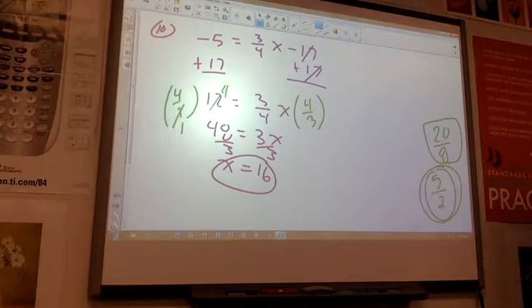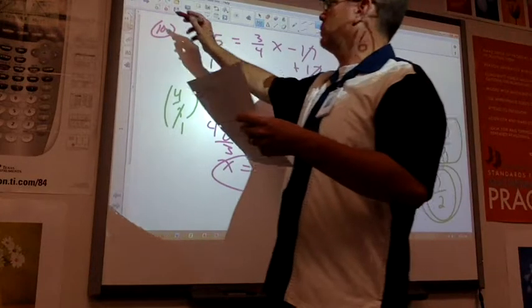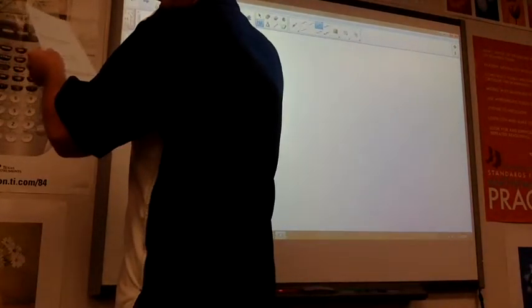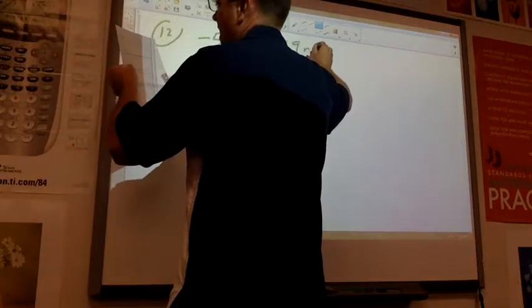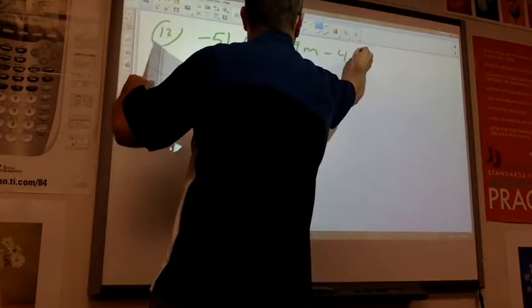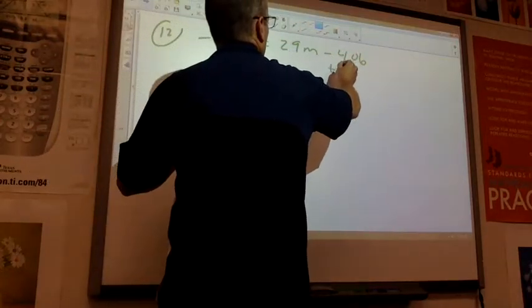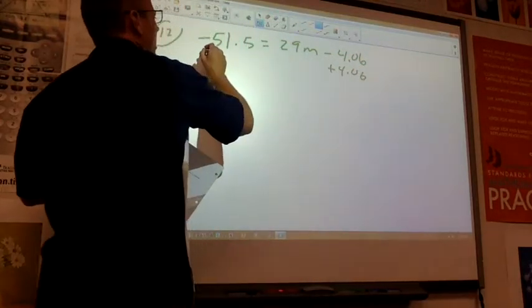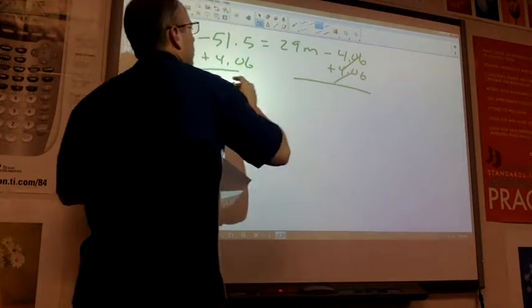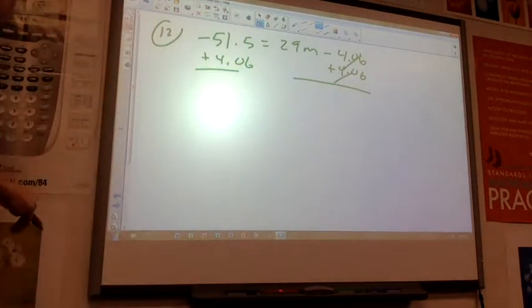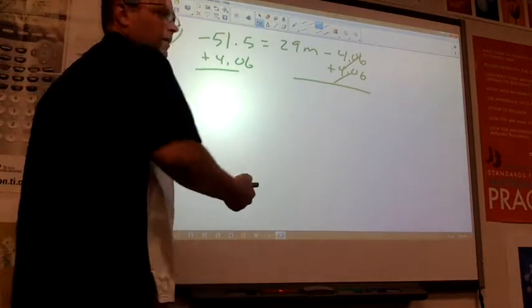Oh, shoot, I can't do number 12 in my head. I'm sorry. I got to do it up here. Negative 51.5 is equal to 29m minus 4.06. Looks like I would add 4.06 to both sides. Somebody have a calculator?